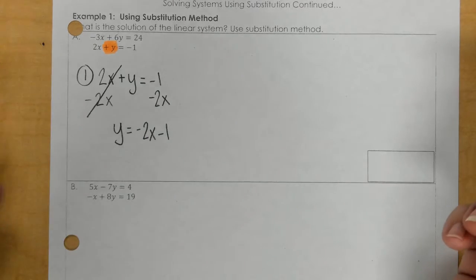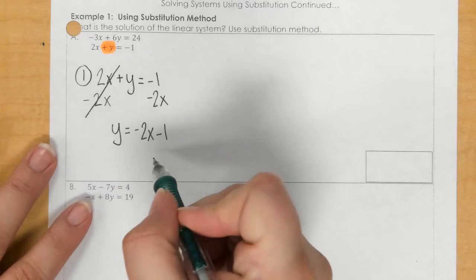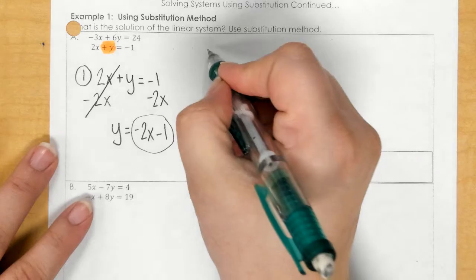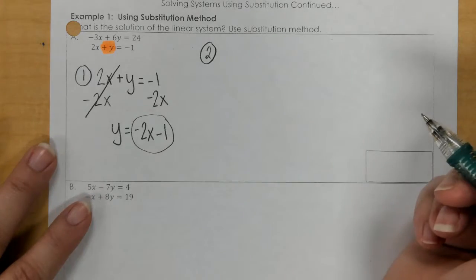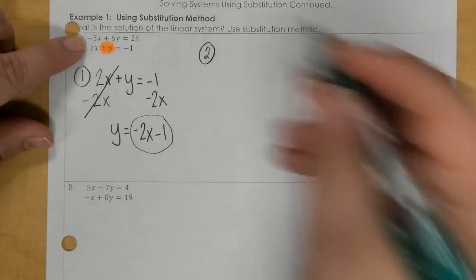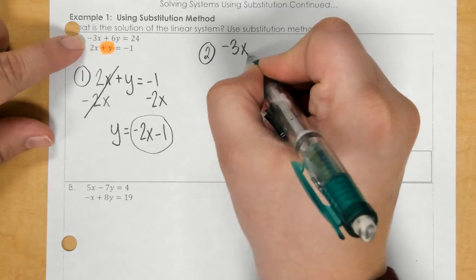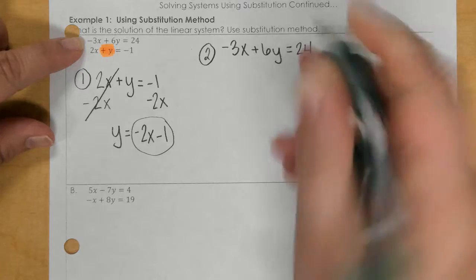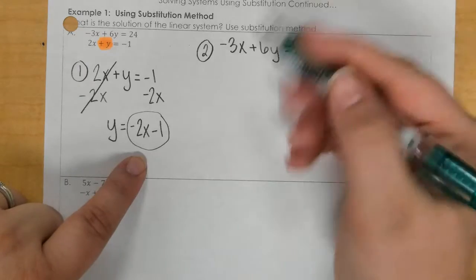Okay, so now we're back to the same steps. What's the expression that equals y? It's negative 2x minus 1. Second step, use the equation you have not used. So the top equation, we plug this in for y.